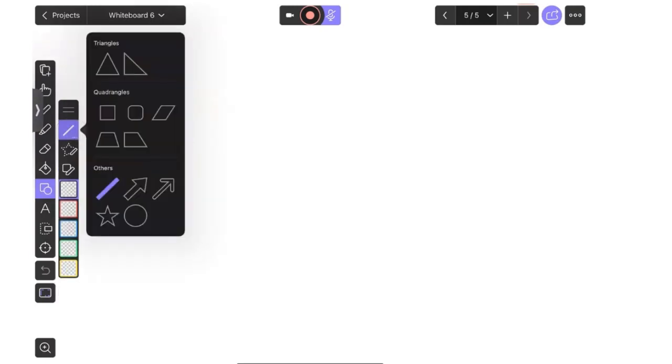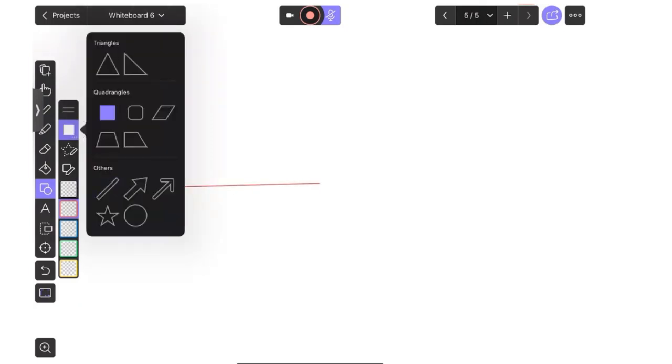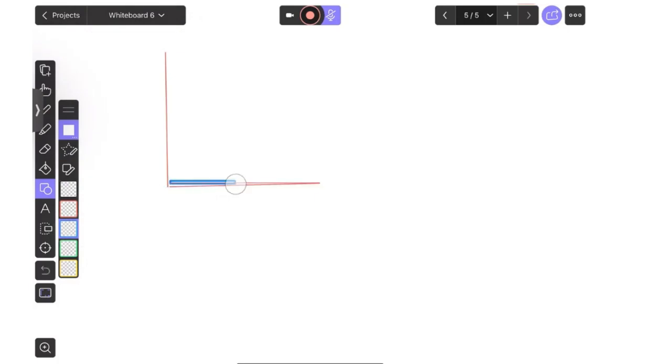Suppose I give you a very thin rod kept along the x-axis, and it is of uniform mass density.